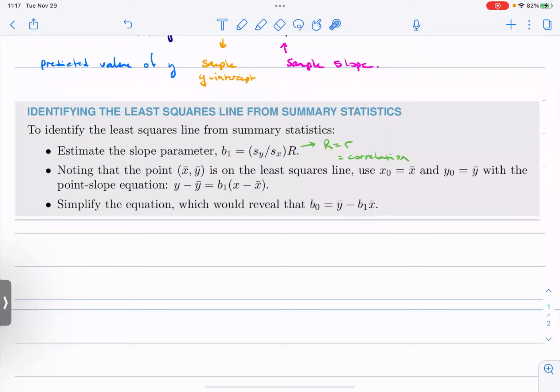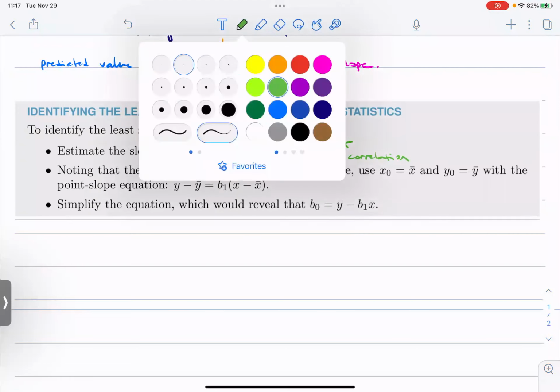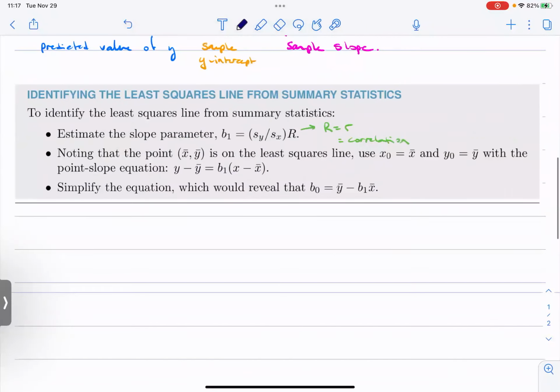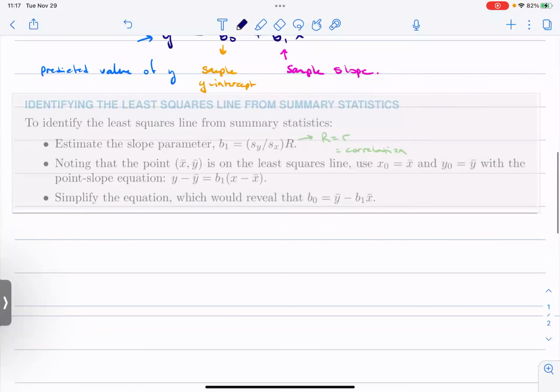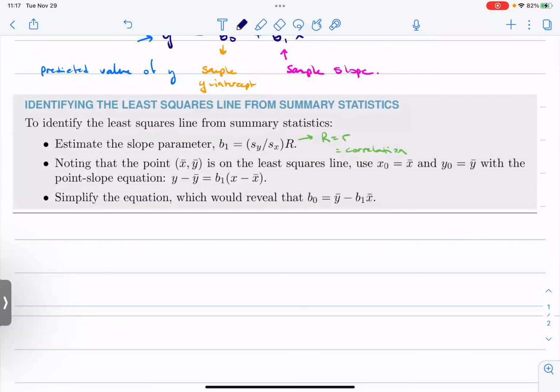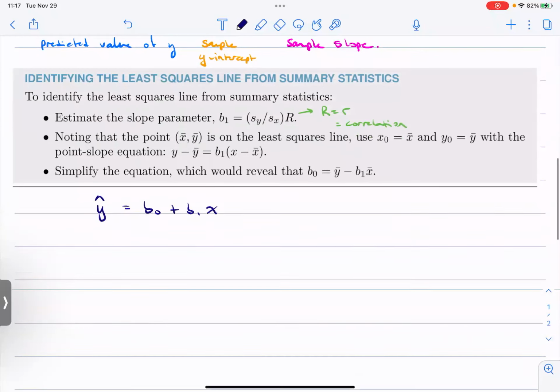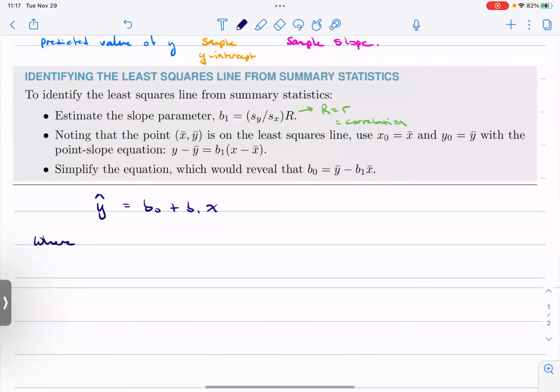Just to show you what it would look like on the formula sheet, I would give you that y hat is b0 plus b1x, where I list them in the order that you would calculate them. B1 is SY divided by SX times R, the slope.